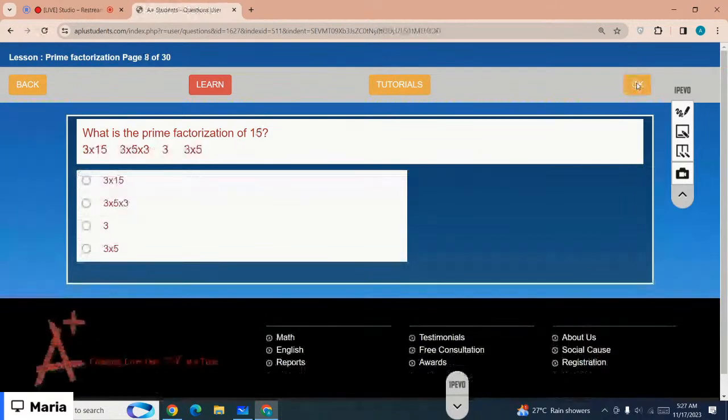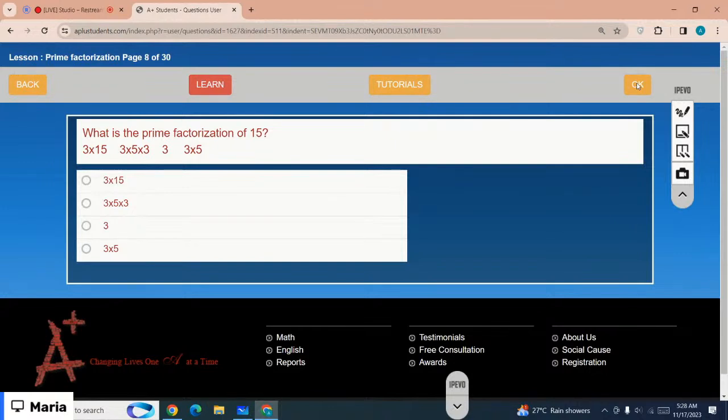What is the prime factorization of 15? Yes, that is option number 2.